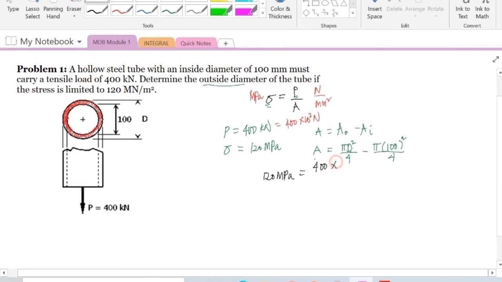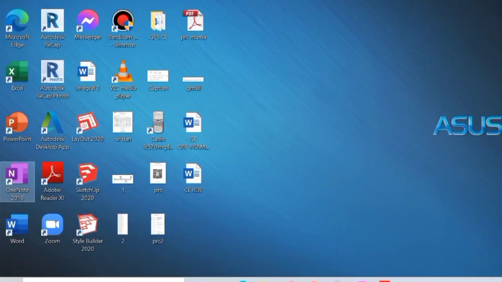So this is 400 times 10 raised to 3 Newton over the area. So substitute natin yung area, that is pi d square over 4 minus pi 100 square over 4. Now, solving for the diameter, pwede na natin gamitan ng calculator ito.